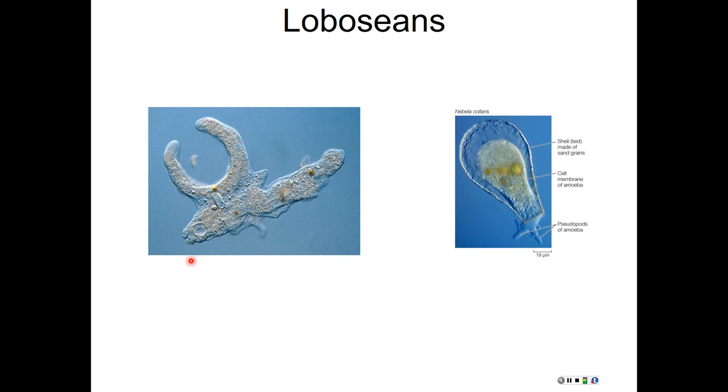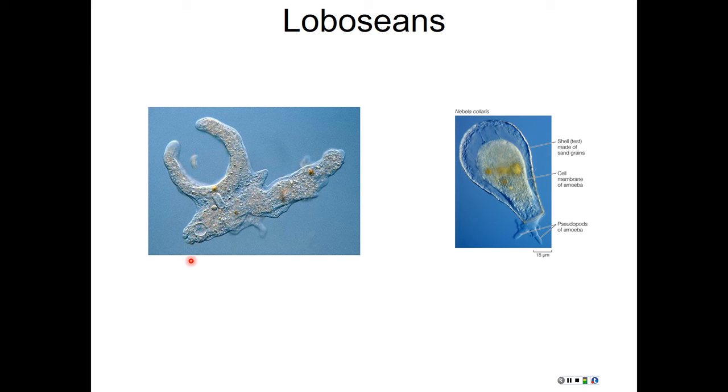All right, let's talk about the lobosans first. Let's get a new board. These are the things you would more classically think of as amoebas. They are all unicellular. This is the thing you think of when I say amoeba.